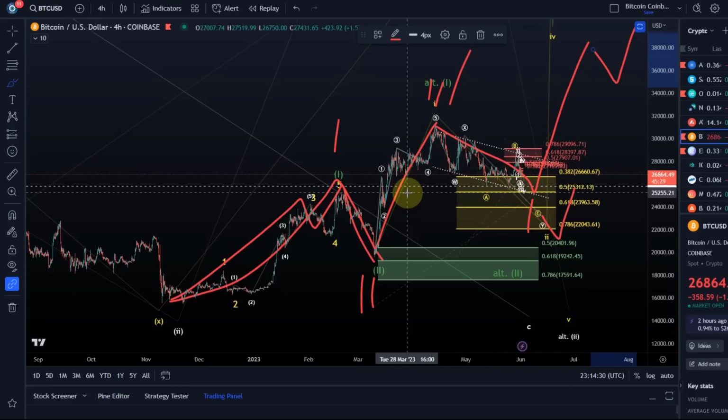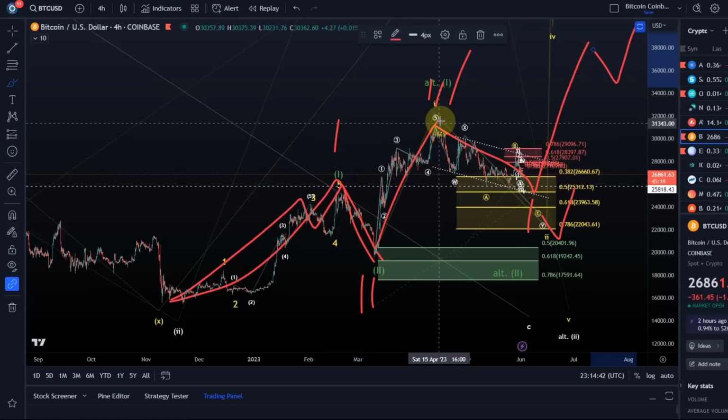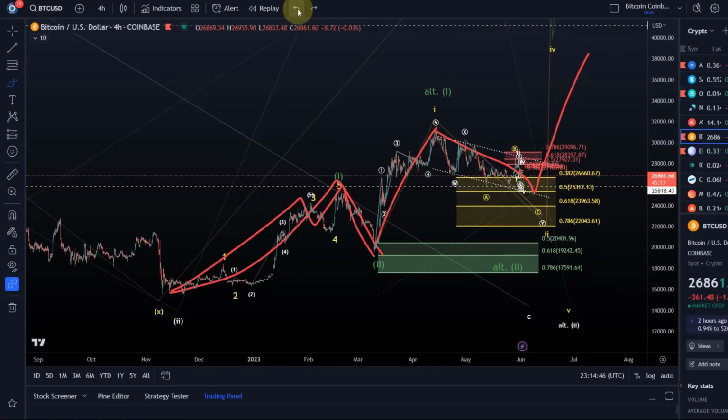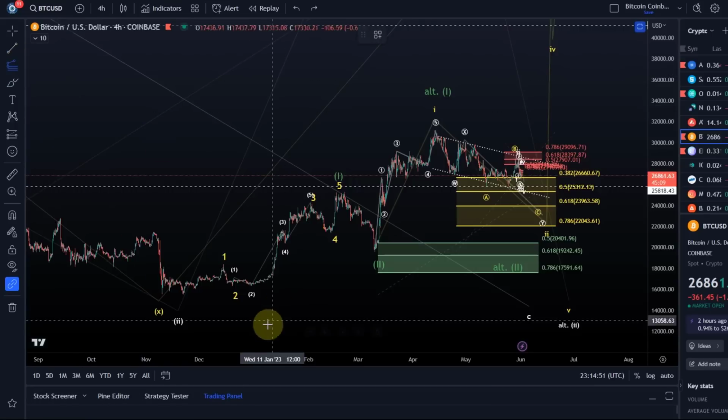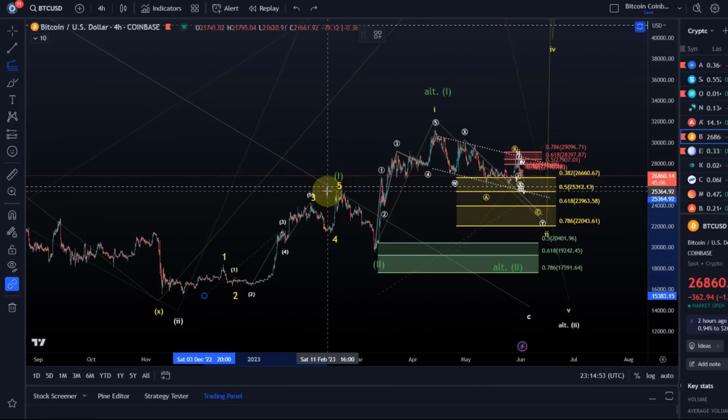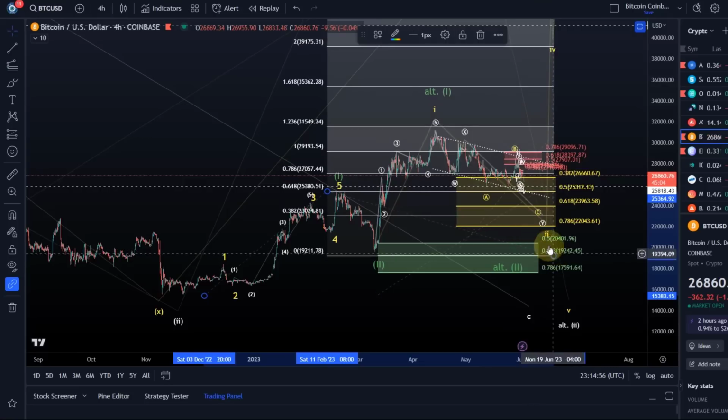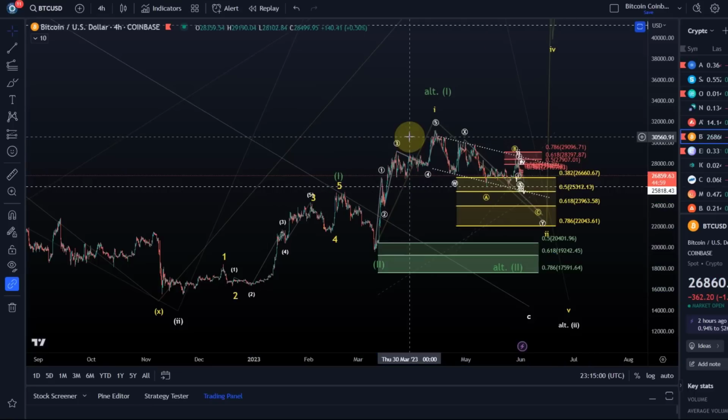Everybody can place some waves somewhere, and I can't say for sure this is not the case, but if you know that Bitcoin typically in a third wave does at least reach the 1.618 extension, then this is not the case here, because if we measure the fibs, we take the length of the wave 1, we go to the low of the wave 2, and we didn't even reach the 1.236 extension. So that's not how Bitcoin normally behaves in a third wave.